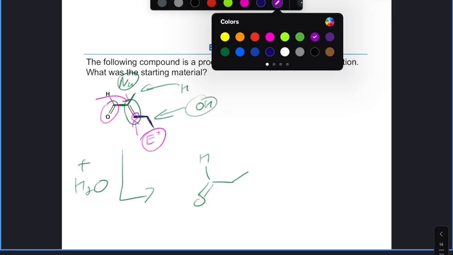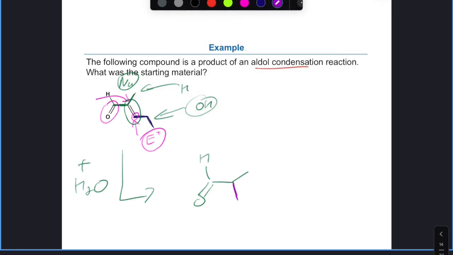I have my carbon-carbon bond. I have my electrophile fragment where the hydroxide remains on the electrophile and the hydrogen is on the nucleophile fragment. That's the aldol product that I would have had.